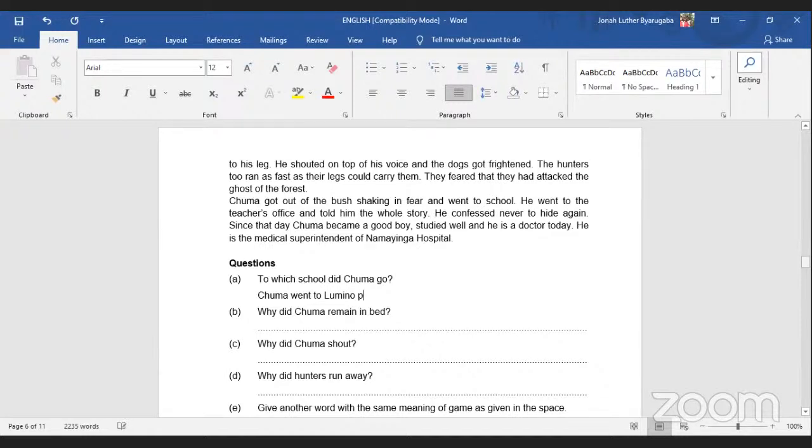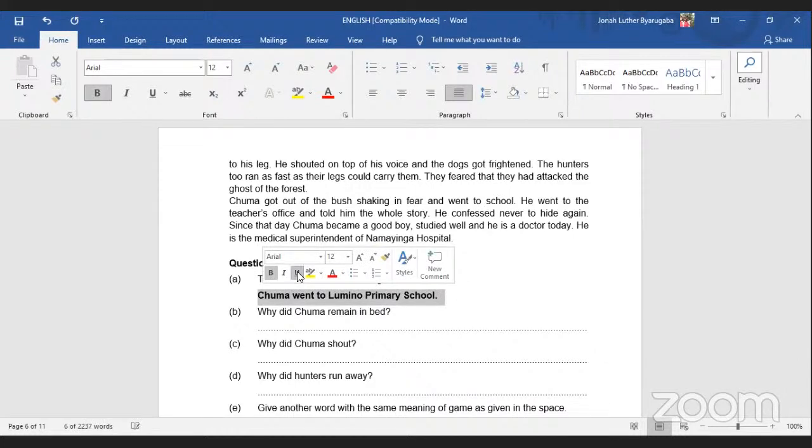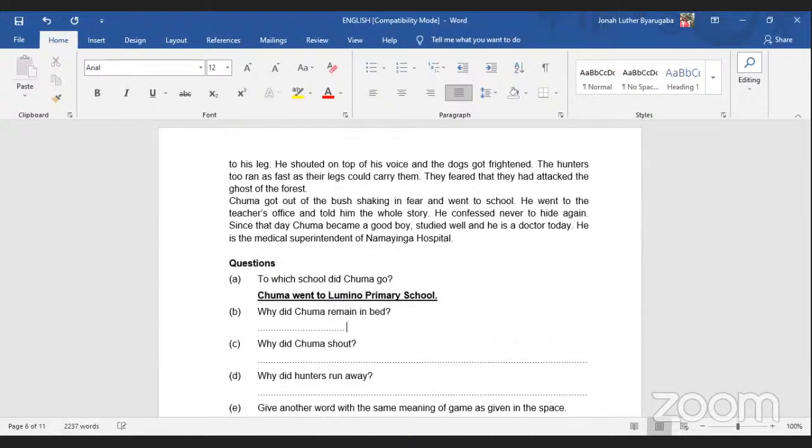Lumino Primary School. I want you to be careful with my punctuation. You see the P is capital and even the S is capital, okay? Lynette, is that correct? Yes.